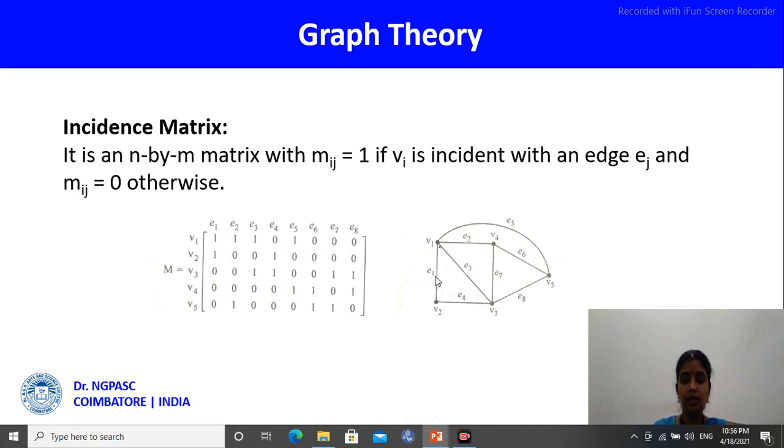V1 is not connected with E4, so the entry is 0. V1 E5 is connected, so it is 1. V1 E6 is not connected, so 0. Edge E7 is not connected with V1, so 0. Edge E8 is not connected with vertex V1, so it is 0. Likewise, in the incidence matrix the entry will be 1 if the vertex is connected with the edge, otherwise it is 0.